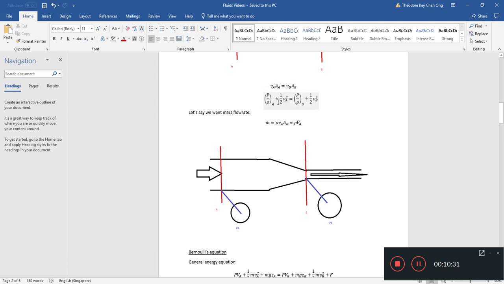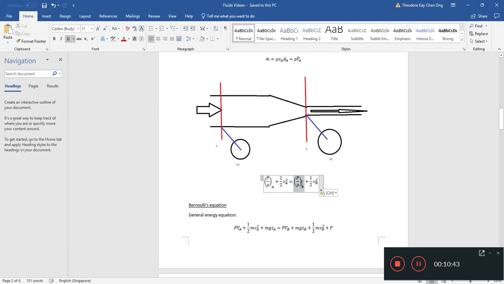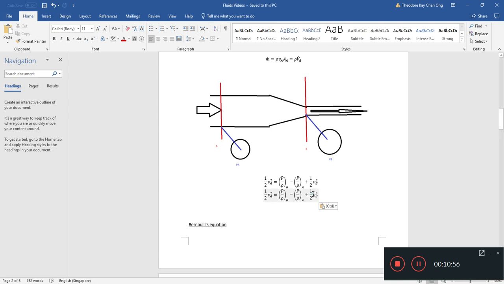So we want to find an expression for the velocity at A in terms of the pressure at A and the pressure at B. So let's carry on. I'm going to move the pressures to one side. I'm going to shift this over, and I want to substitute this VB out. I want to get rid of it.